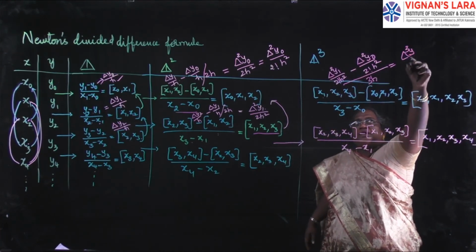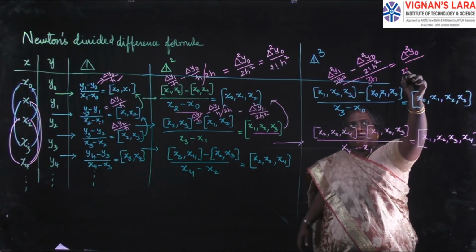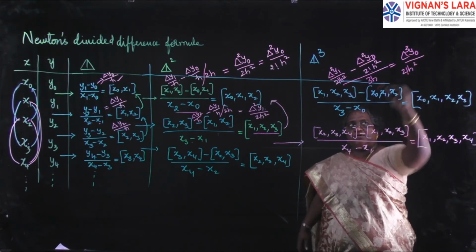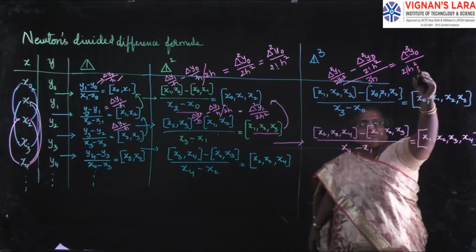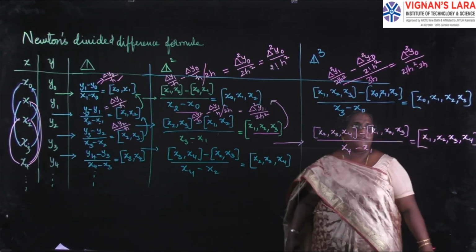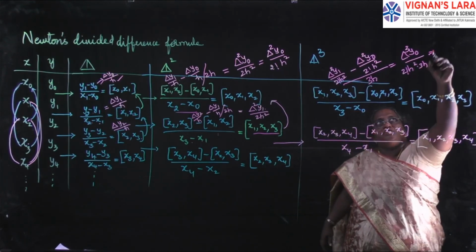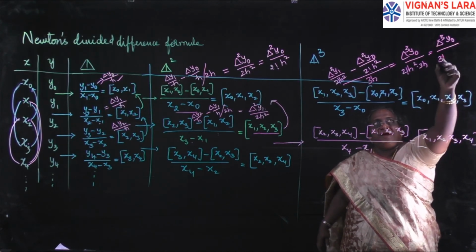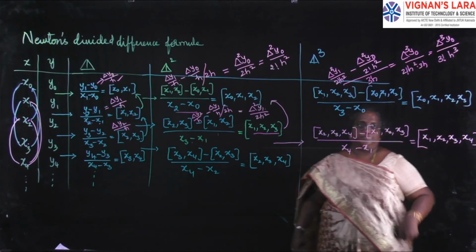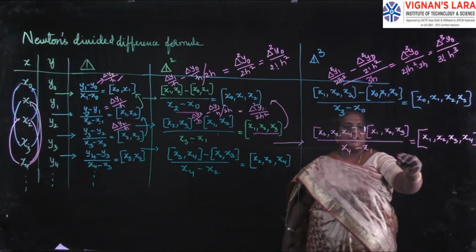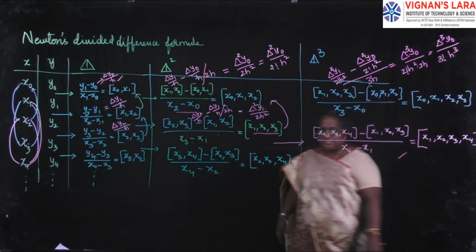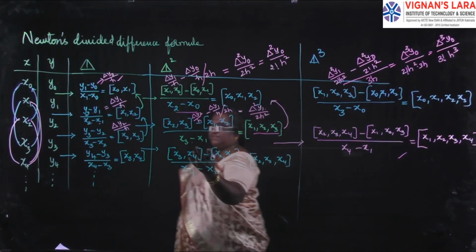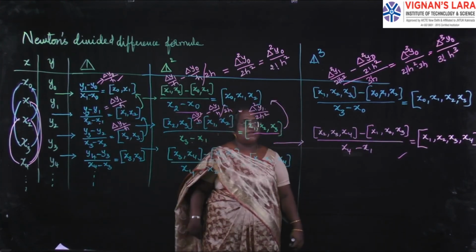It is del cube y0 by 2 factorial h square into 3h. So 2 factorial into 3 is 3 factorial. So this is del cube y0 by 3 factorial into h cube. Similarly we can write the others also. That is how we can represent divided differences in terms of forward differences.